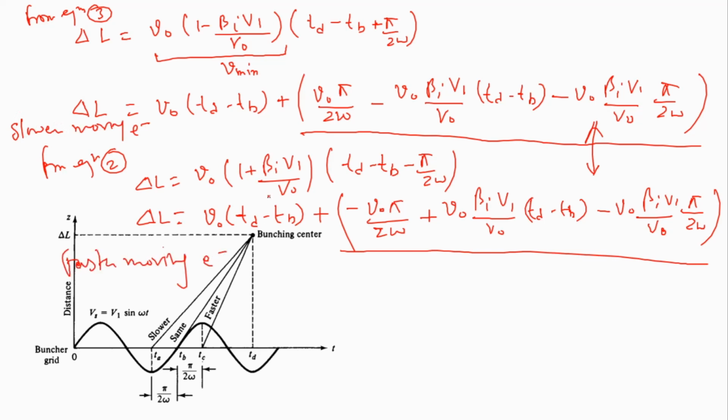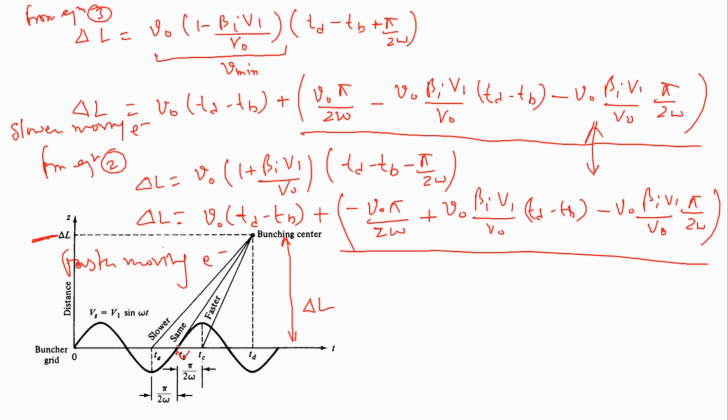But we know all these electrons, whether slow moving, fast moving, or at the same speed, will all travel the distance delta L from the bunching grid. So that means all these delta L should be the same.